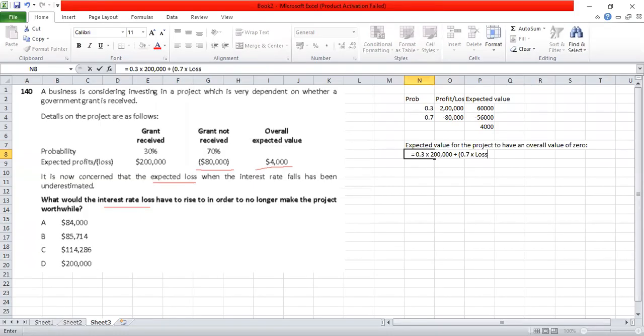How much should be the loss so that they will have an overall value of 0?